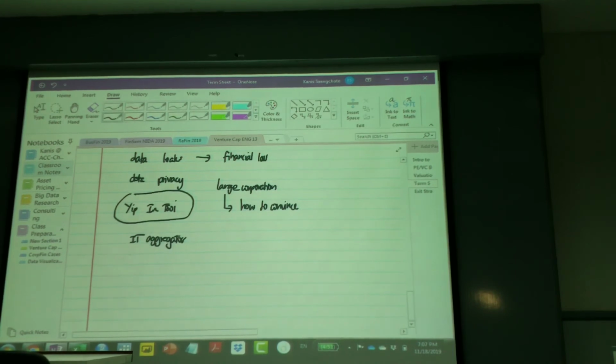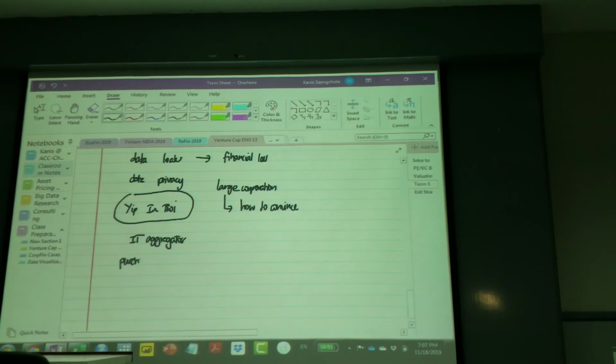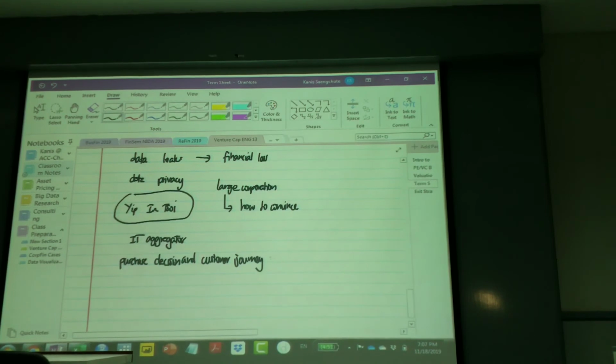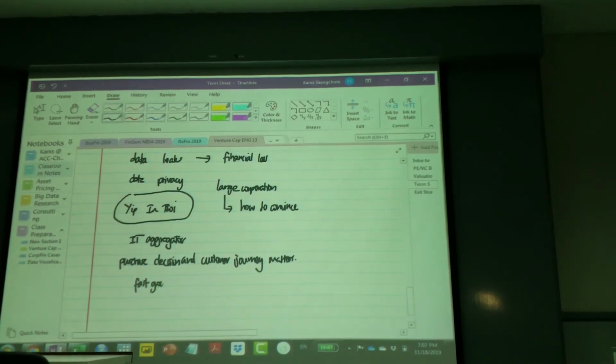So here, the purchase decision and customer journey really matters. So you have a fast-growing market, but fragmented, hard to attack.